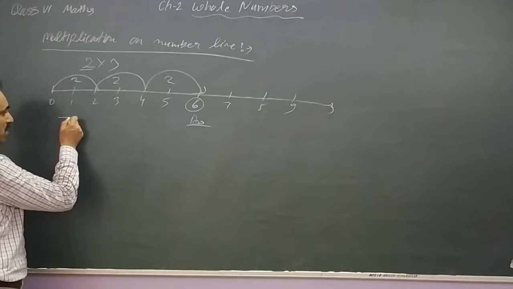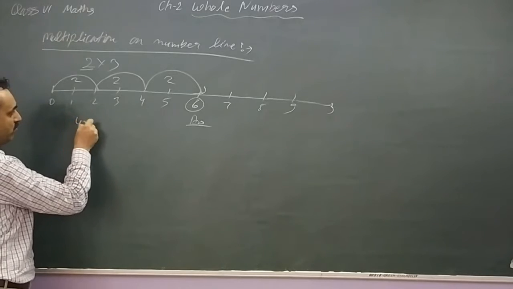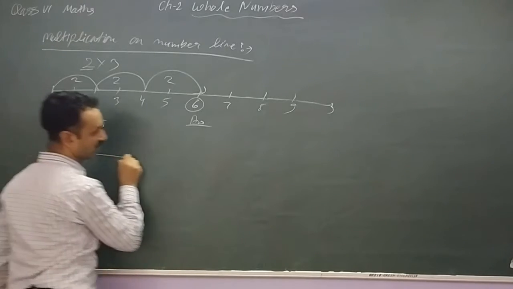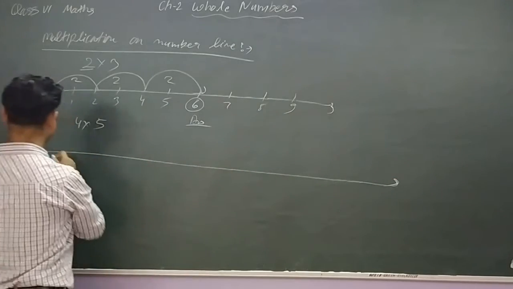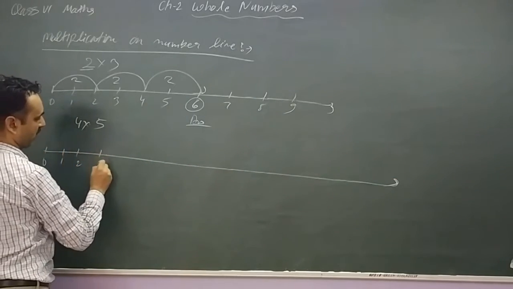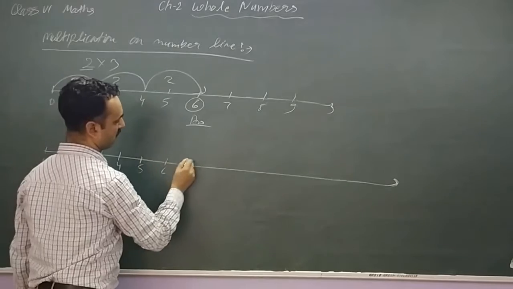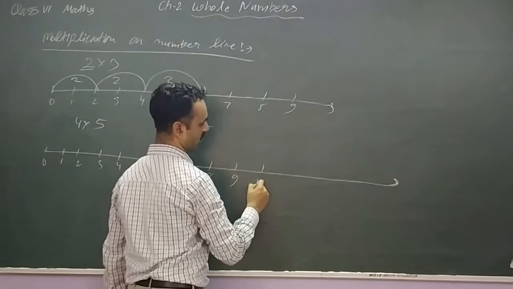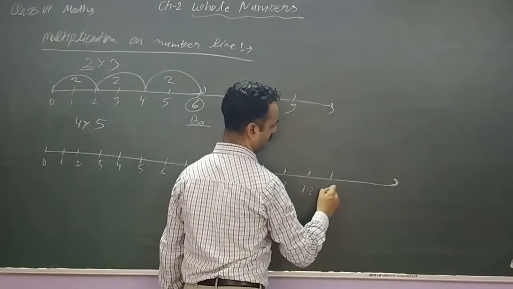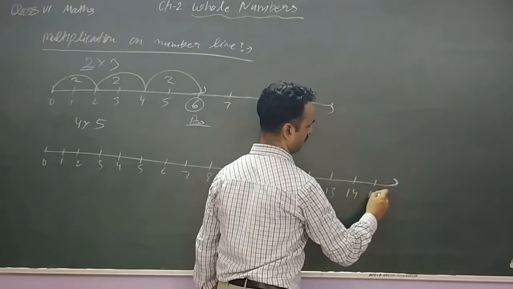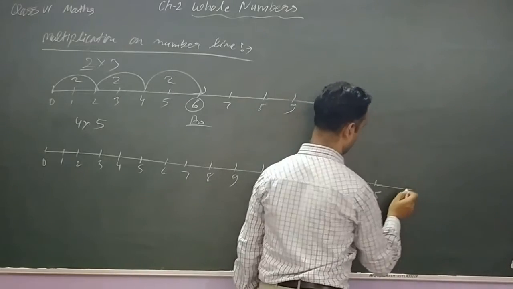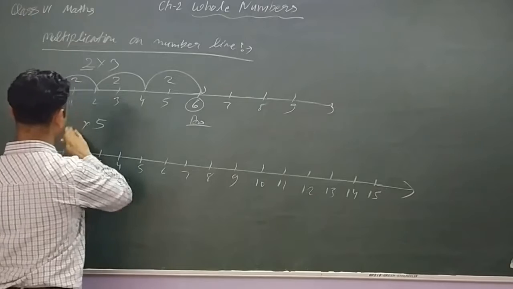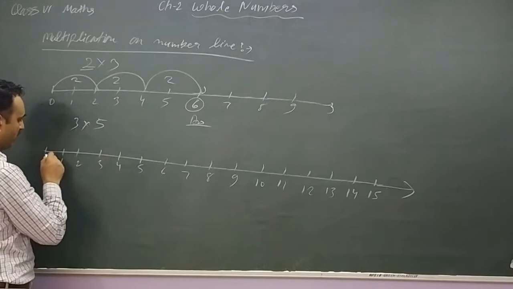Let's see 4 into 5: 0, 1, 2, 3, 4, 5. Suppose we want to do 3 into 5.